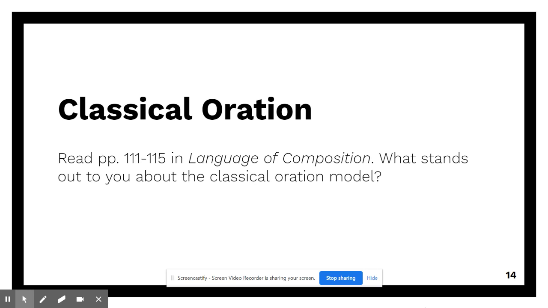I would say, as far as structuring your papers for next week, the only part that I think is kind of up for debate here is where you want to put the response to the opposition. In the classical oration model, that is placed right before the conclusion, so it gives you a chance to kind of wrap up any potential debates.